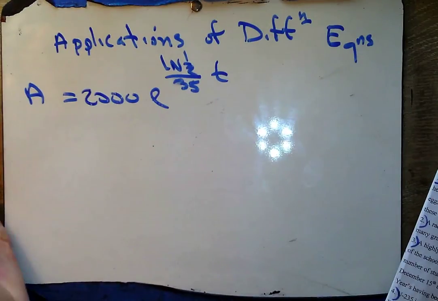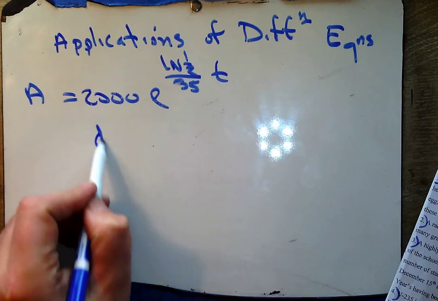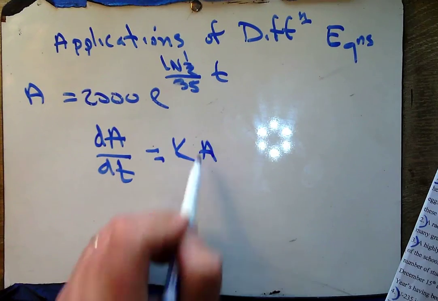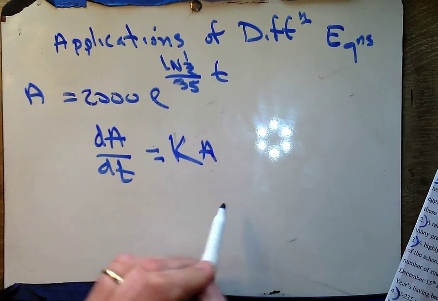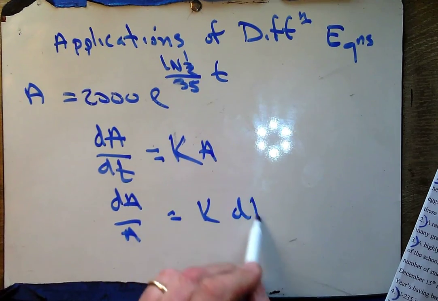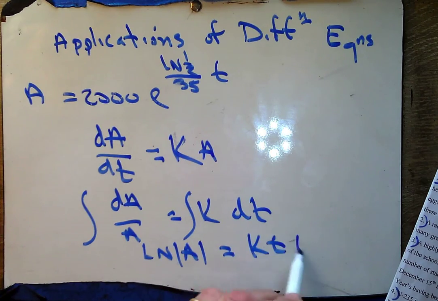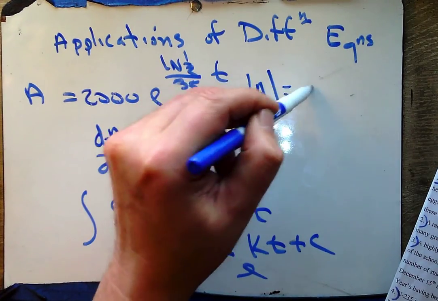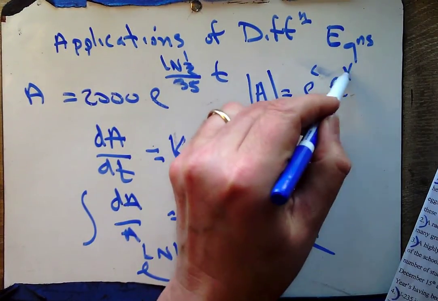Let's see what it would look like, because I don't think I've recommended this. Let's see what it would look like if we started with the rate of change in the amount of stuff with respect to time is proportional to the amount of stuff we have. So we've got dA over A equals k dt, and we integrate: ln|A| equals kt plus C. We exponentiate: absolute value of A equals e to the C, e to the kt.